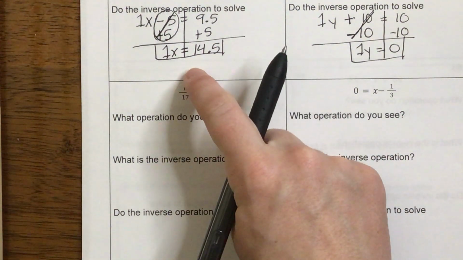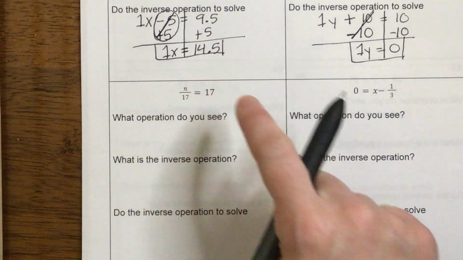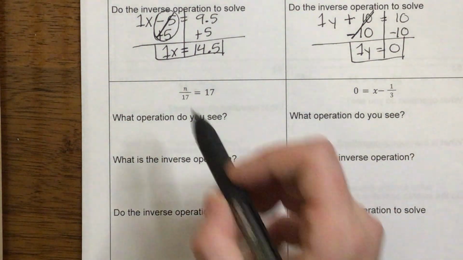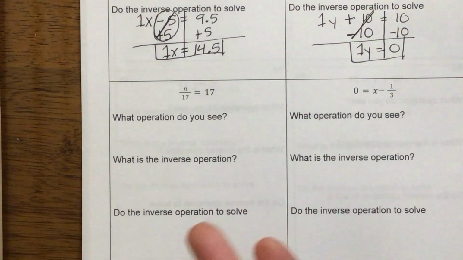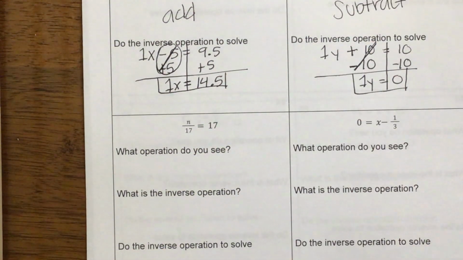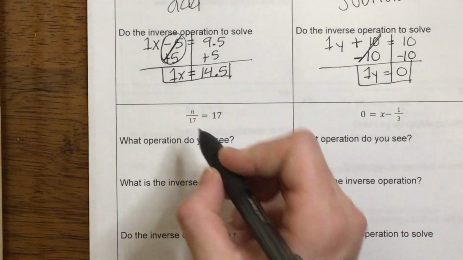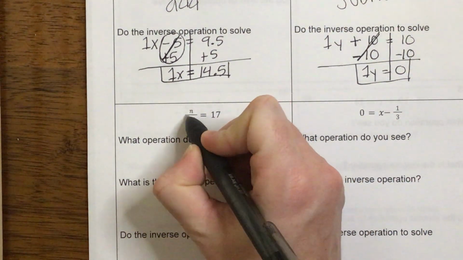All right, so here I have n over 17 equals 17. Fraction bars, well, first of all, there's no constant. I'm not adding or subtracting a number, so I don't need to worry about it. And then my coefficient is that I'm dividing by 17.